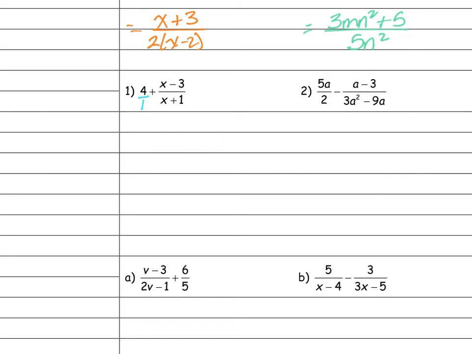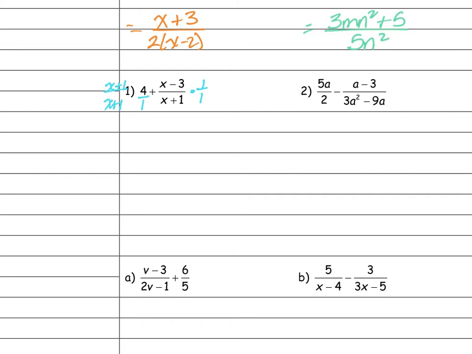So now I want to say, what does the first denominator need that the second one has? And that would be x plus 1 divided by x plus 1. So I want to multiply by 1 so it doesn't change anything. And then what does the first denominator have that the second one needs? Nothing. So again, that's 1 over 1.